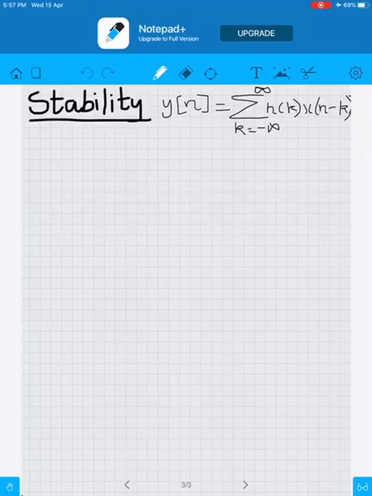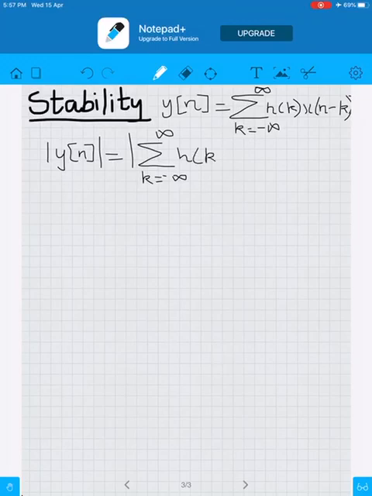Now applying the magnitude on the above equation, I can write magnitude of y of n is equal to magnitude of summation k is equal to minus infinity to plus infinity h of k into x of n minus k.